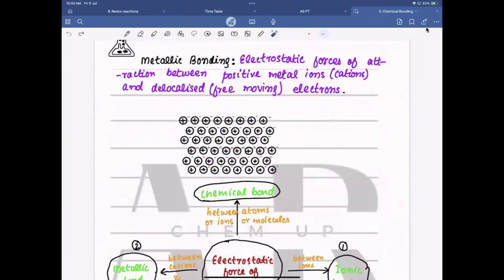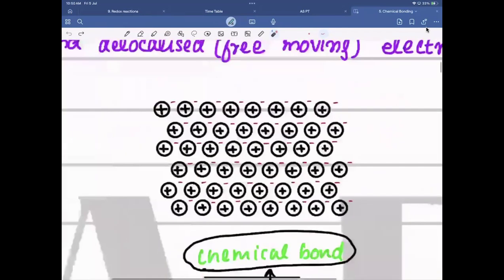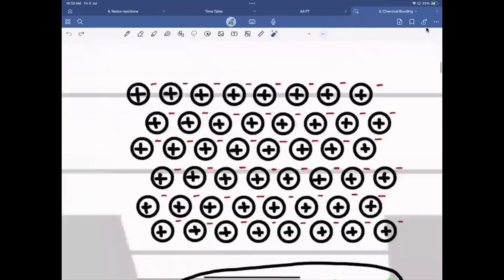In metals, the metal has a tendency to lose electrons. So the atoms lose their electrons, and those electrons are present in the empty spaces between the atoms in the lattice.